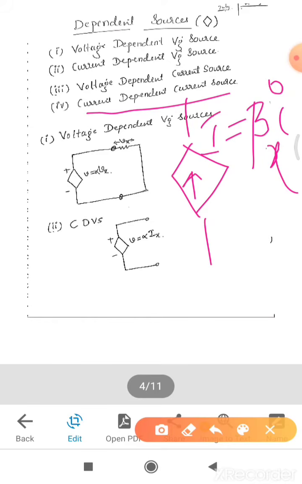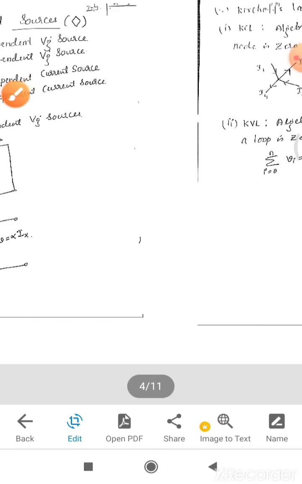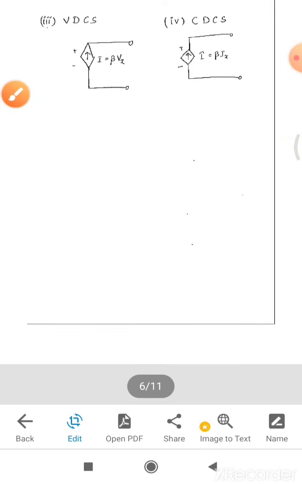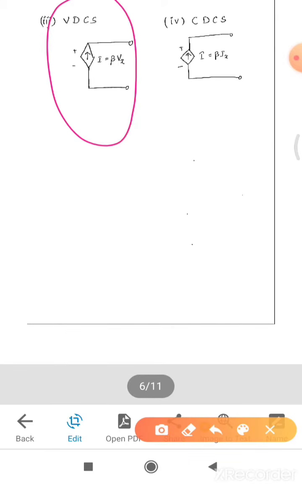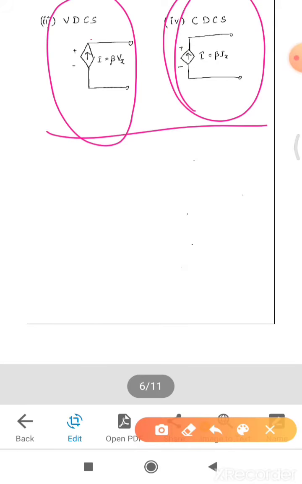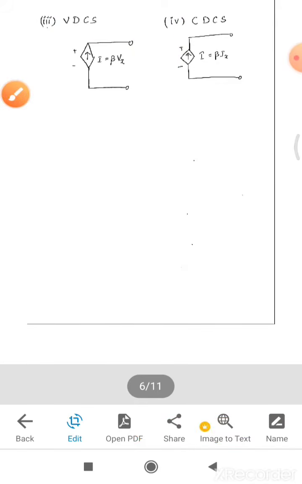Therefore I is equal to beta into Ix. It is dependent on current, therefore a current dependent current source. So this covers voltage controlled voltage source, current controlled voltage source, voltage dependent current source and current dependent current source. I hope it is clear to you. This is about the dependent sources.